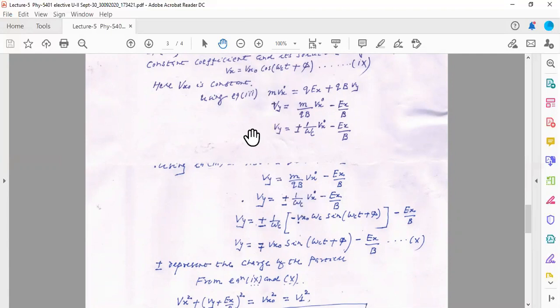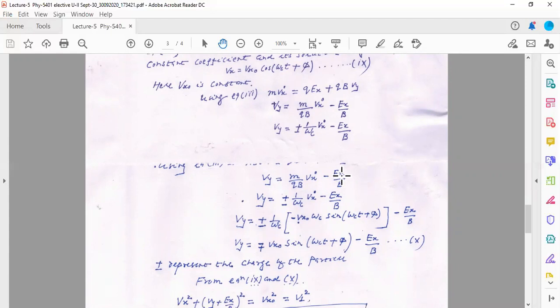So this is Vx0 with a minus sign because differentiation of cosine is minus, and you have omega c as a multiplier and sine of omega ct plus phi, and you have a minus Ex over B. Please remember, Ex is the x component of the electric field, which is constant.